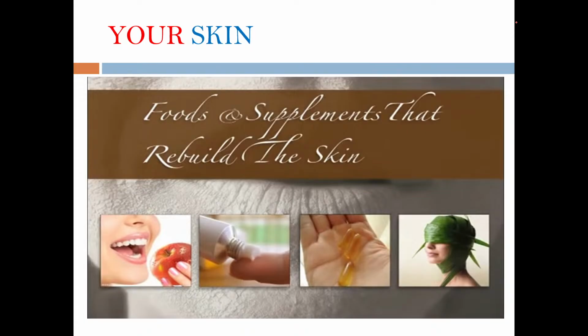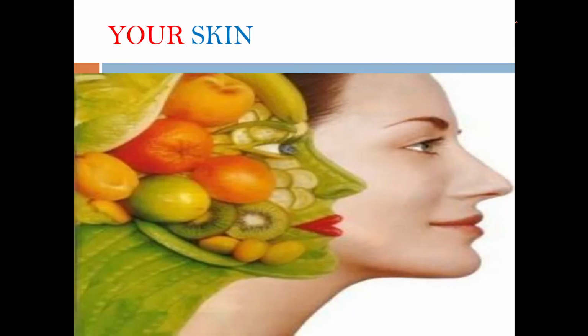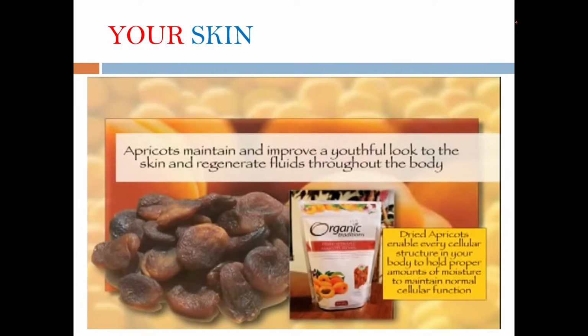Yeah, this is important now. What are the foods, as well as the supplements, that have the effect of building up the skin? Building and rebuilding. Let's go. Those are fruits. And so apricots maintain and improve the youthful look of the skin and regenerate fluid throughout the body.